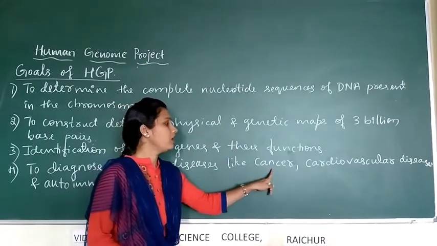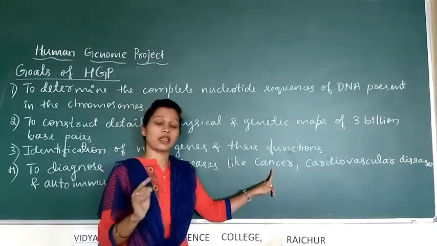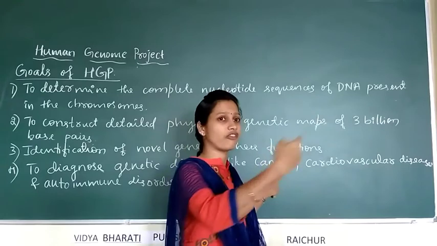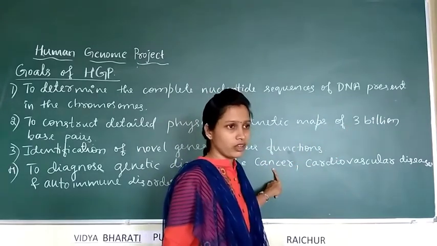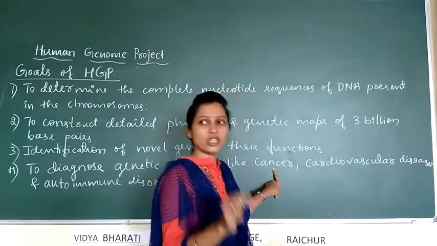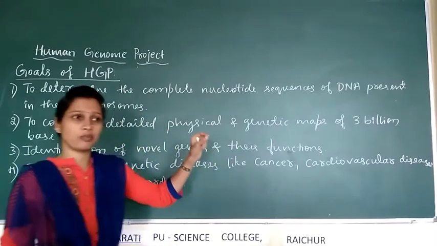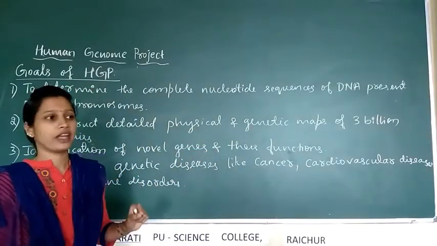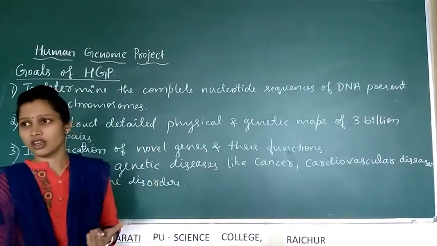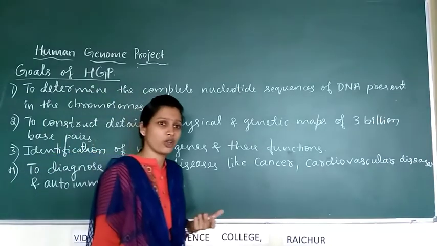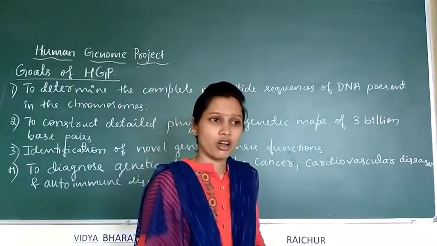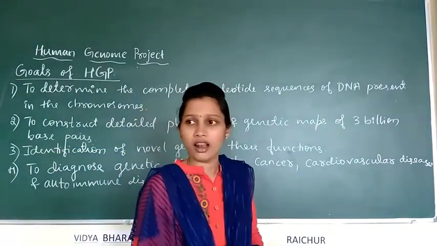For example, a person may get cancer after 5 years or 10 years. If we know the gene responsible for that particular cancer, then we can study that gene, whether it is undergoing any kind of mutation or whether it is normal.